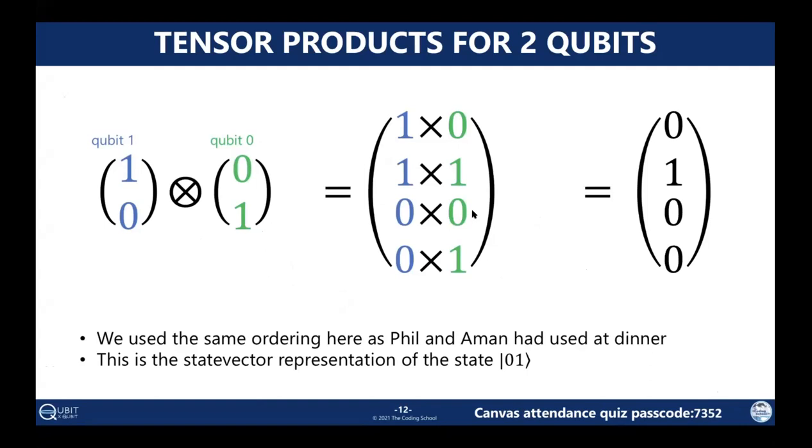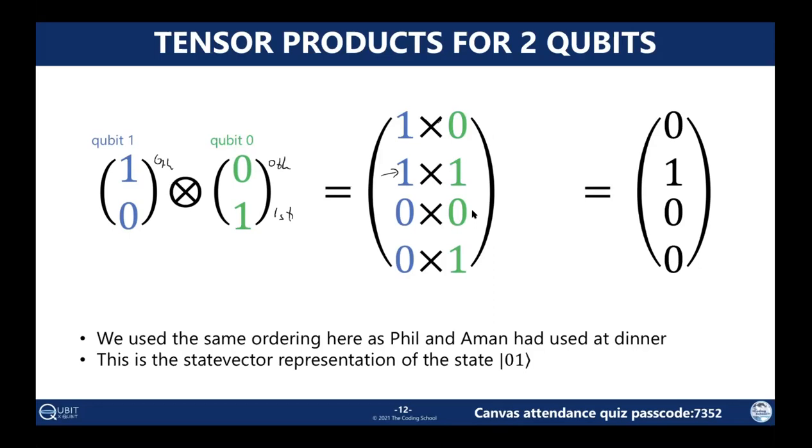It's pretty straightforward. You take your 0th location of your first state and your 0th location of your 0th state, and you multiply them, and that's your first row of your 2-qubit state. For the second one, you take your 0th bit for your first qubit state, and then your first bit for your 0th qubit state, and you get your second row.